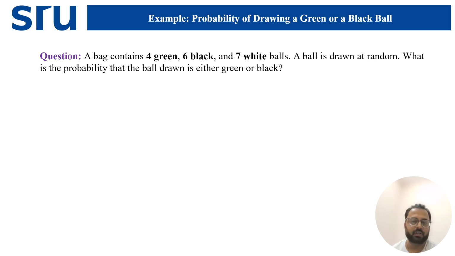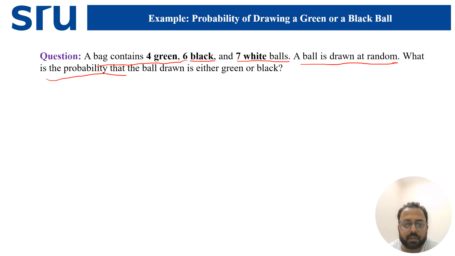Now come to the problem of selecting balls. Here a bag contains 4 green balls, 6 black balls, and 7 white balls. A ball is drawn at random.